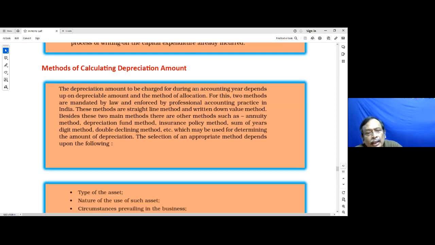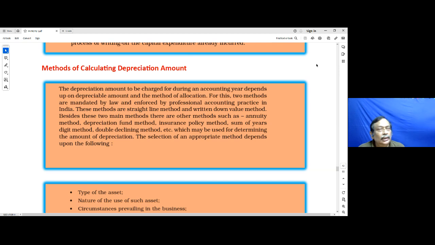Now, the depreciation amount to be charged during an accounting year depends on depreciable amount and the method of allocation. So basically, in the foundation level, you are having two methods of depreciation.